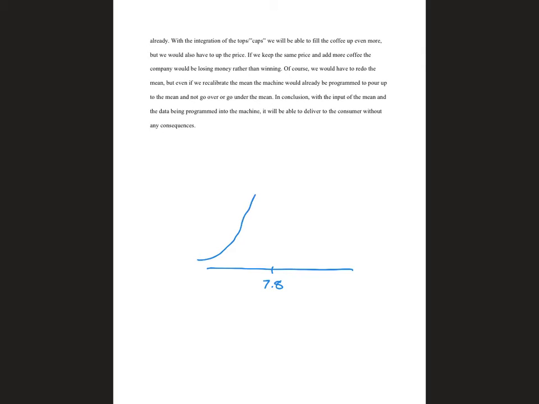Well, based on the material we've talked about so far, mainly the empirical rule, that says that, okay, one standard deviation away, which would be 8 ounces to the right and 7.6 to the left, 68% of the data would fall within one standard deviation of the mean.